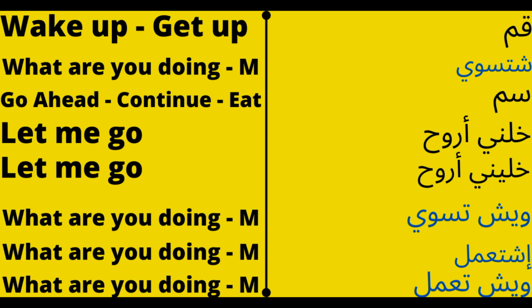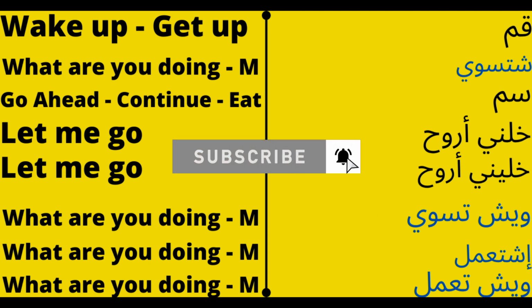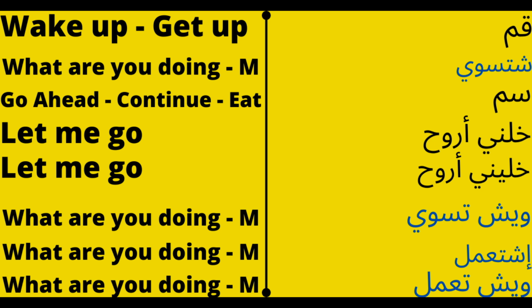For female, شو تسوين or ويش تسوين or إيش تعملين or إيش تعملي. And last one, ويش تعملي for female. Now for a group, شو تسوون or وش تسوون or إيش تعملوا.